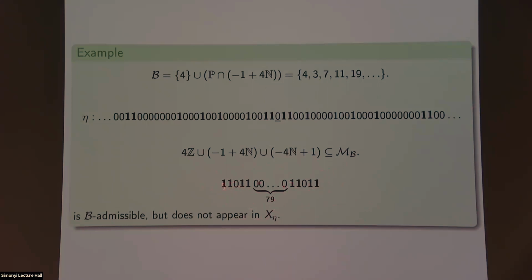This block does not appear in eta in any place because, thanks to this inclusion, the only position in which you can meet something like 1, 1, 0, 1, 1 is this central position, the only place. However, this block is B-admissible. So this is a simple example of a set B for which the B-admissible and B-free subshifts are different.